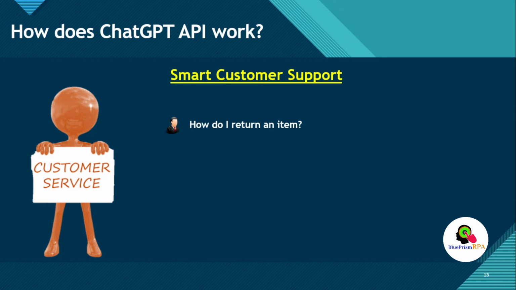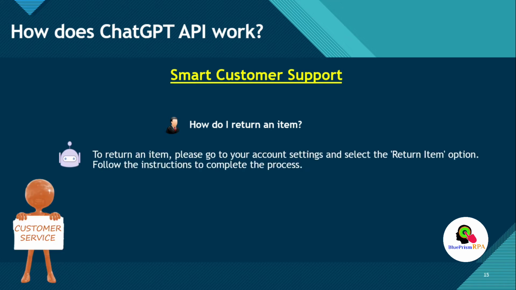The API receives this question and analyzes it using the language model's understanding of natural language, and then it generates a response based on the question and sends it back to your website chat window. Your website then displays the response, which might be something like, to return an item, please go to your account settings and select the return item option. Follow the instructions to complete the process.